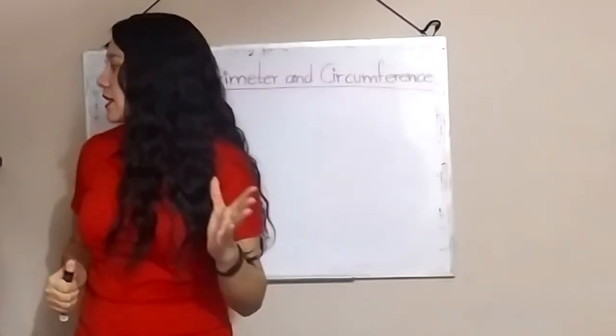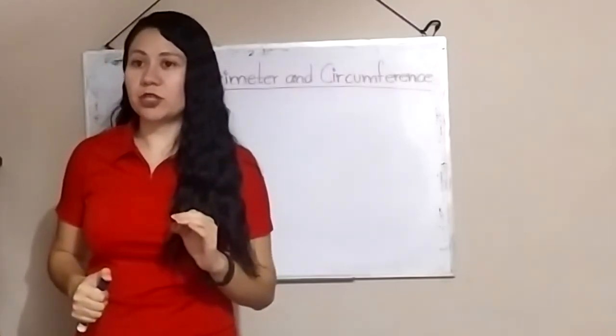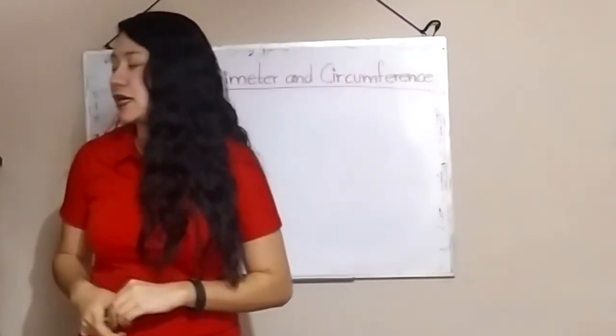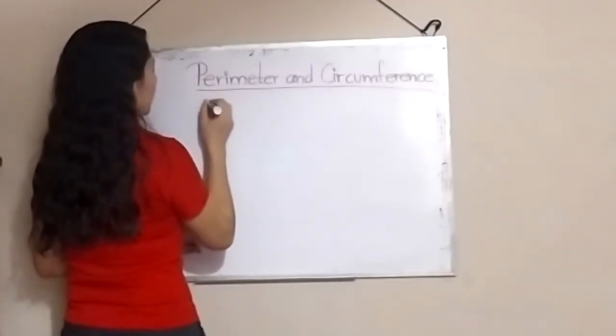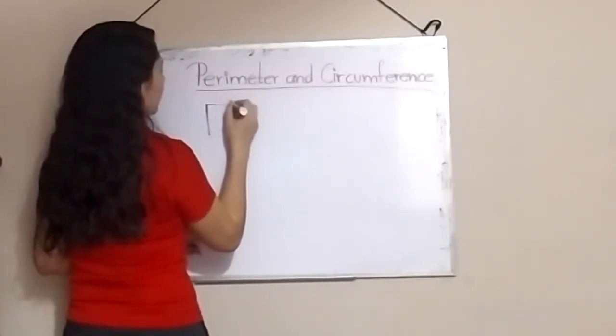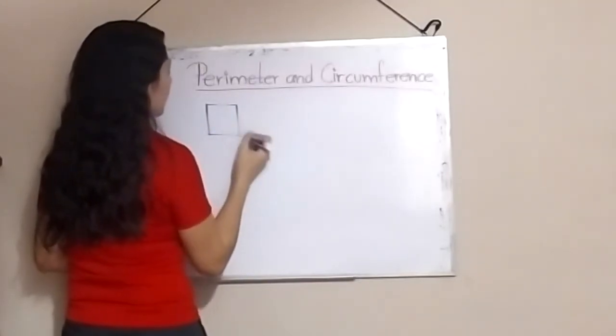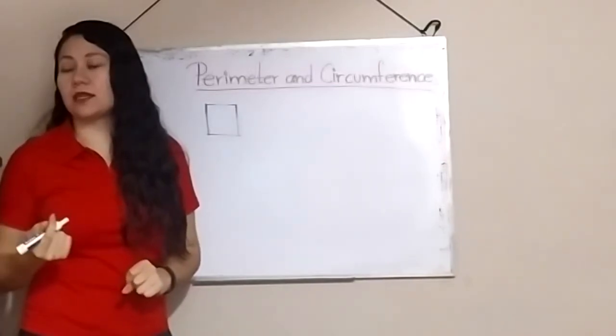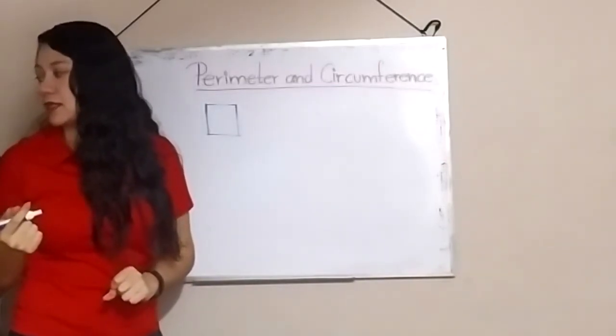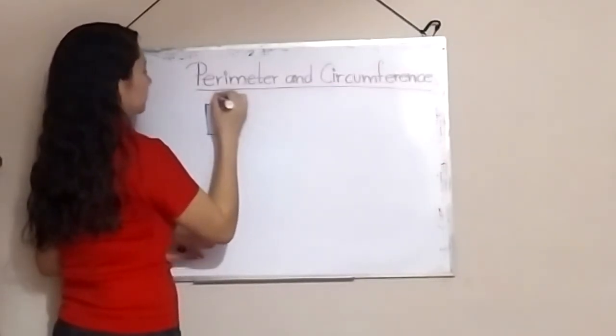First, it is asking us to find the perimeter of a square. Remember, the characteristic of a square is that all of its sides have the same measure. And it is telling us that one of its sides is 8 meters.